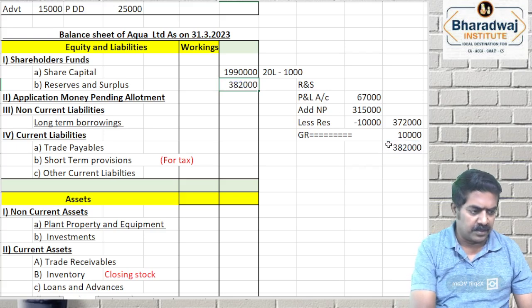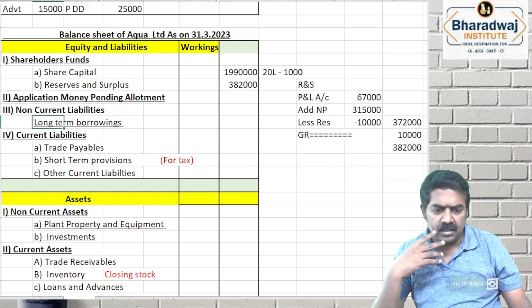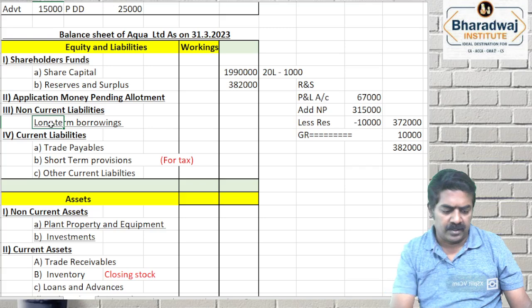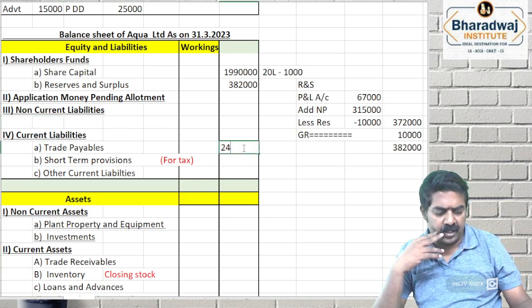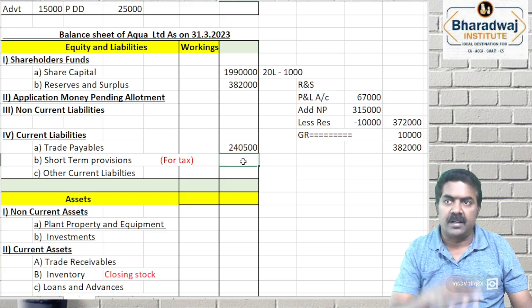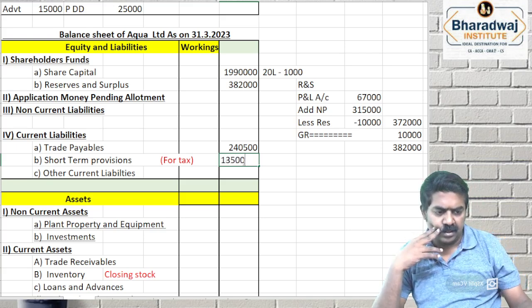3,82,000 reserves and surplus. No application money pending allotment. No long-term borrowings in this question. Trade payable directly given in the question, 2,40,500. Provision for tax we created, 1 lakh.